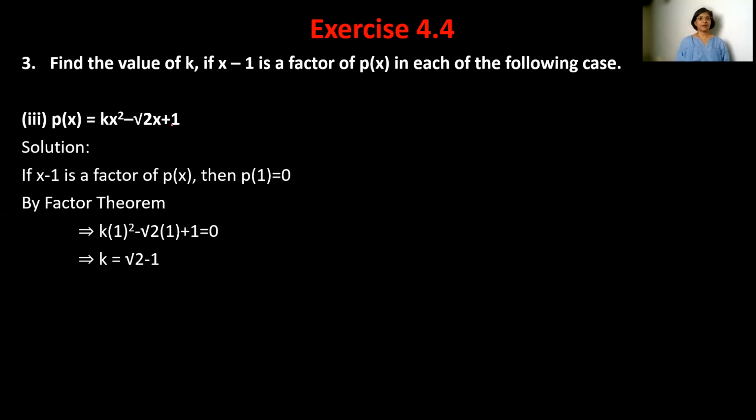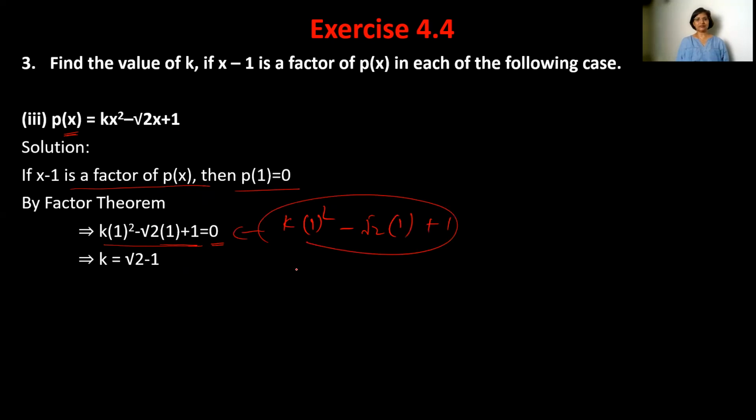Next question. Here the polynomial is kx square minus under root 2 x plus 1. So again, if x minus 1 is a factor of p(x), then p(1) equals 0. P(1) means we are putting the value of x as 1. So k into 1 square minus under root 2 into 1 plus 1. This we have written here.